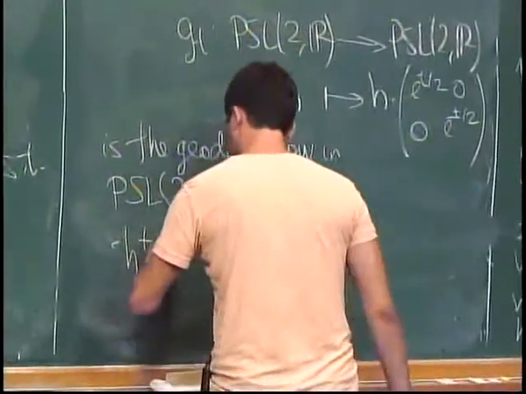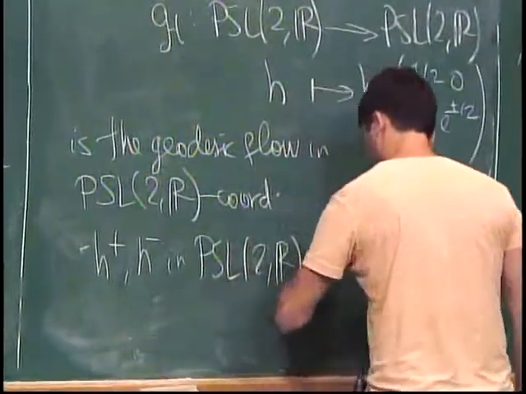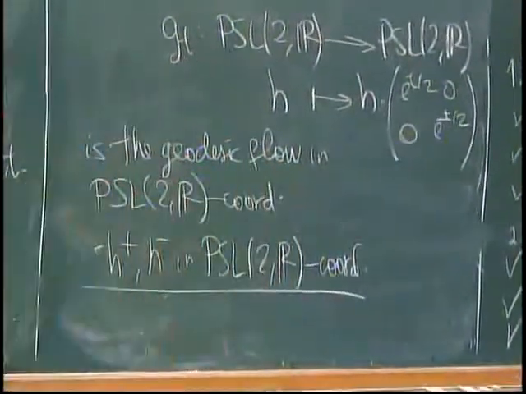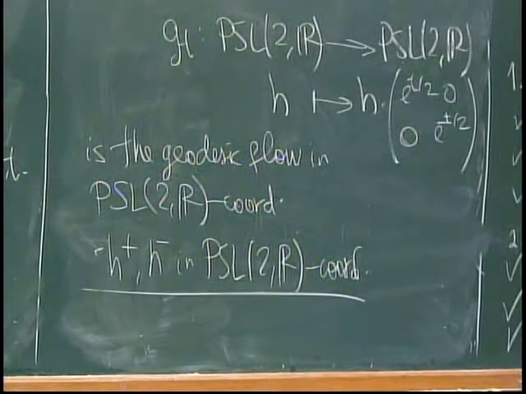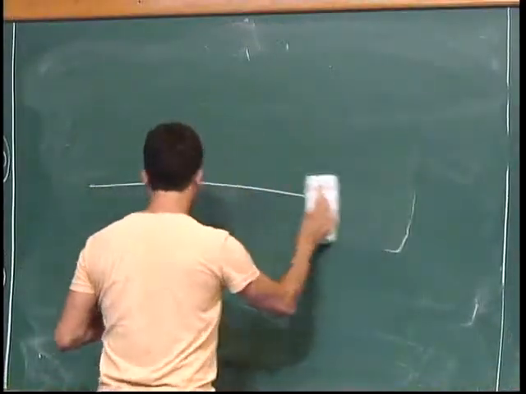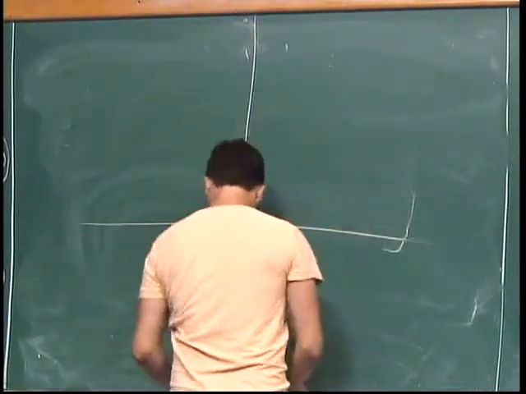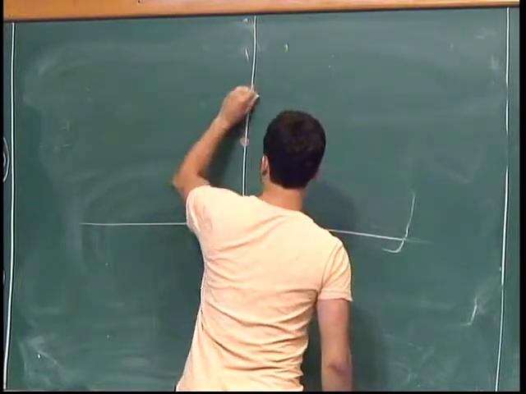So H plus and H minus in PSL2R coordinates, what is it? So again, get the reference vector I. We know what the stable leaf of it is.